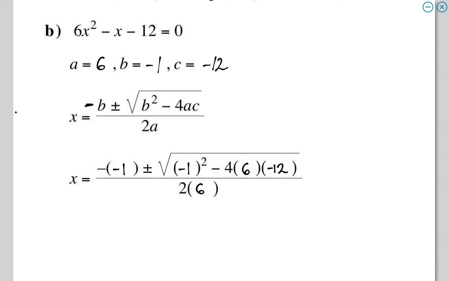With your calculator, simplify the radicand, the thing inside. So just simplify this in your calculator without the radical symbol.